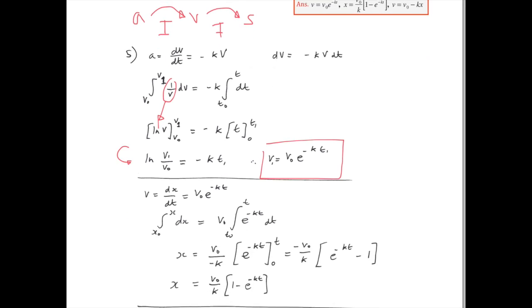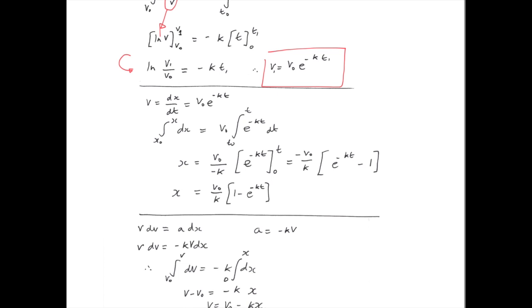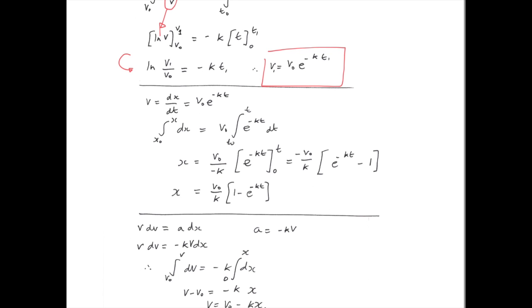In order to find the displacement, you do exactly the same. This time you use the expression v is equal to dx/dt. You know what v is, so again you have this expression dx on the left hand side and the v dt on the right hand side.